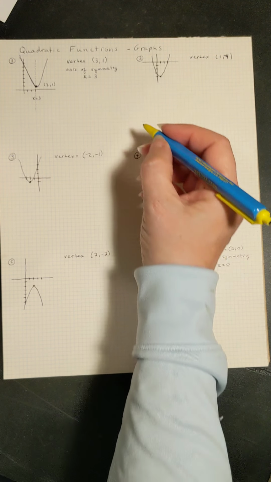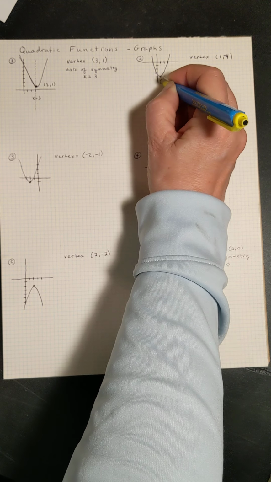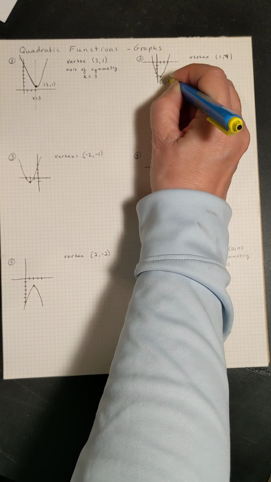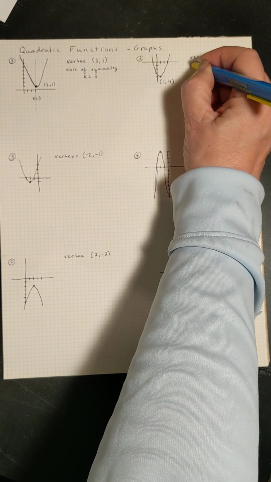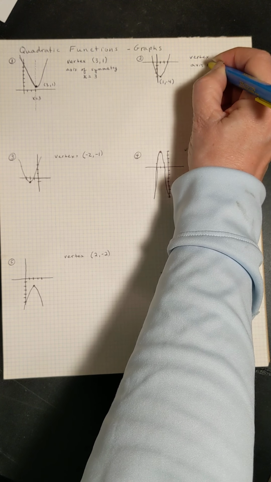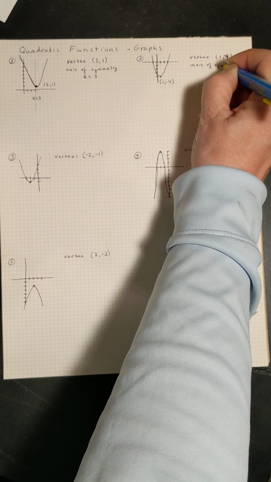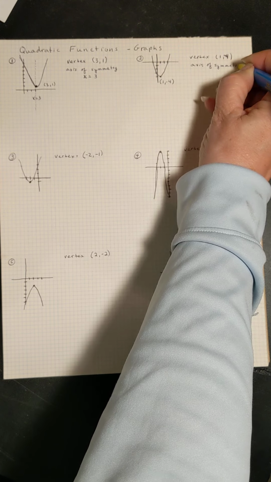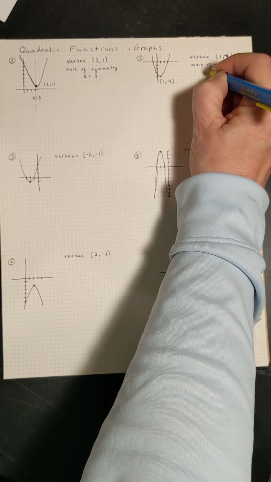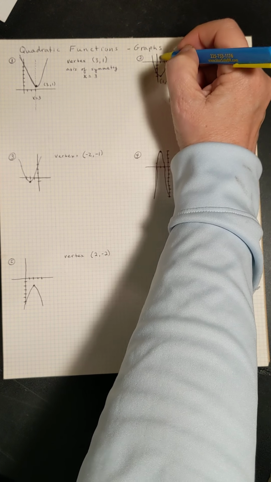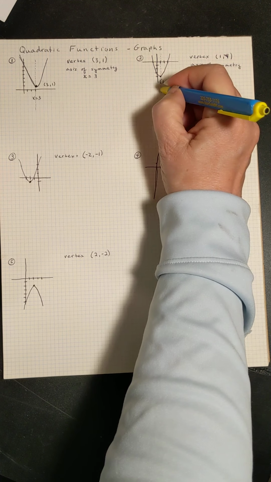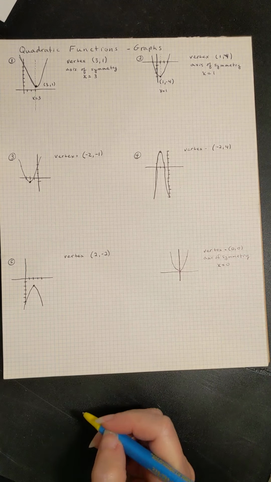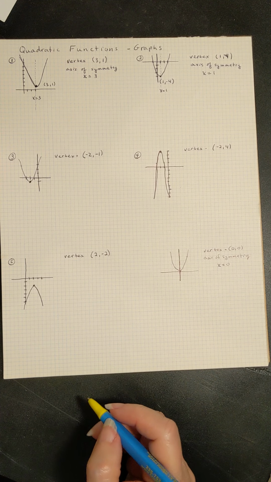Okay? On this one, we said that the vertex was 1, negative 4. All right? And so my axis of symmetry on this one will be x equals 1, because this would be the line right here, and on all of these x values, my x would be 1.